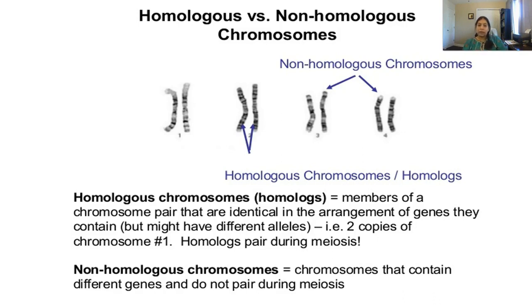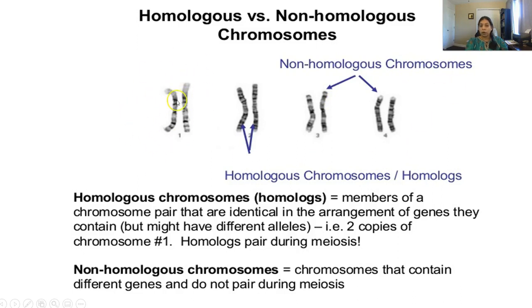On the other hand, non-homologous chromosomes contain different genes that do not pair during meiosis, and that are not related to each other in most cases. So a chromosome 1 and a chromosome 2 are going to be non-homologous chromosomes. Right here you can see four chromosome pairs.